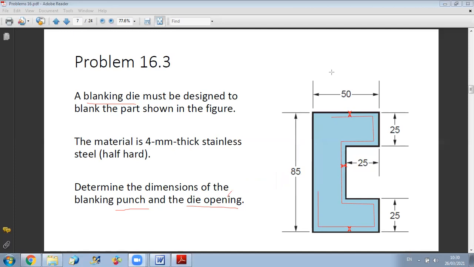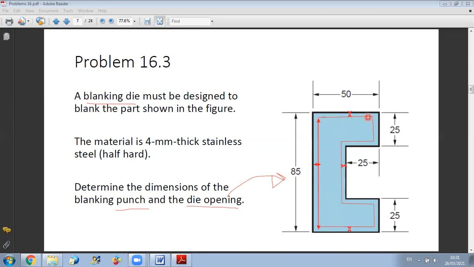Okay. Now, in order to determine the length of each side, it's very simple. For example, this length from here to here, as you can see in the figure, is 85 minus 2 times the clearance, because I have clearance C from this side and clearance from this side, so in total this length will be 85 minus 2C.